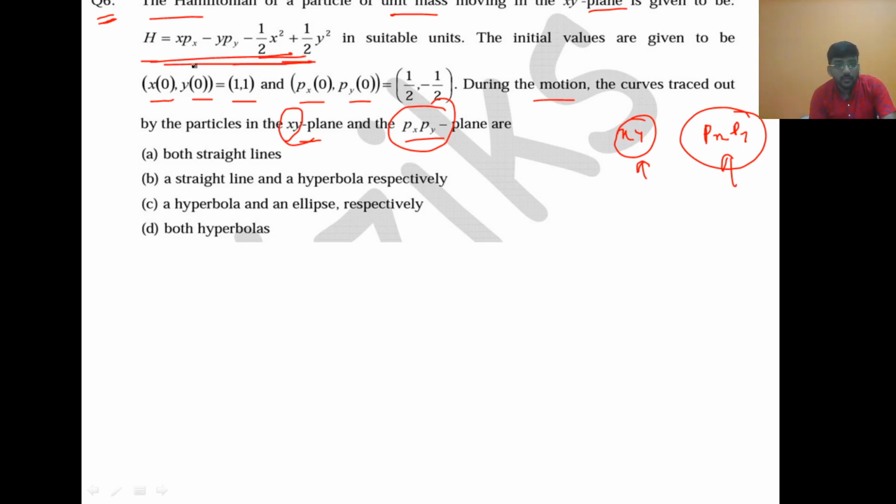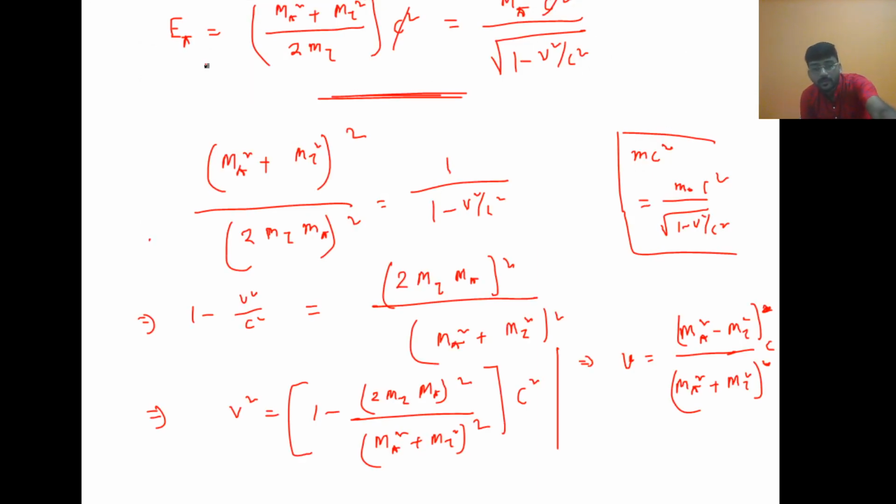And what are the Hamilton canonical equations? We know that pi dot is equal to negative del H by del qi, and qi dot is equal to del H over del pi.